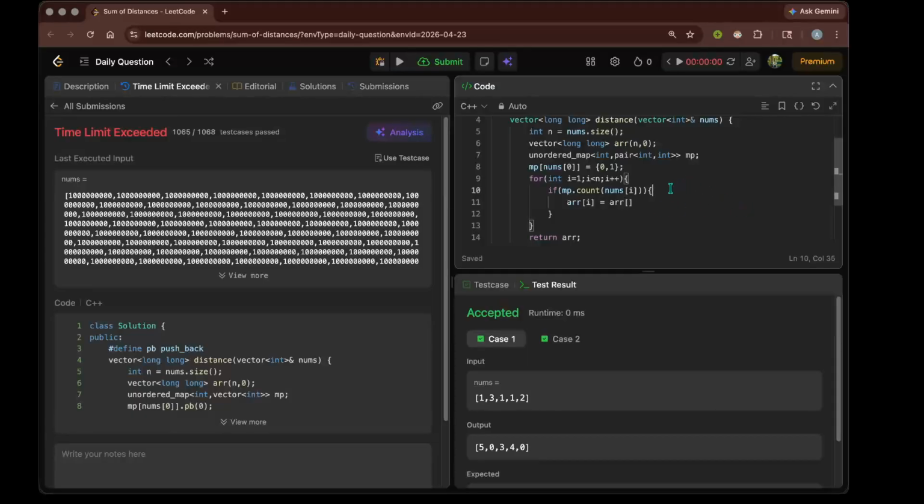So auto, let's call it index comma count, is going to be mp of nums of I, and it would be ARR of index plus count multiplied by abs of I minus index.